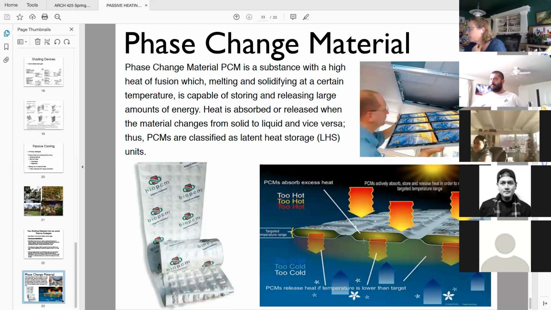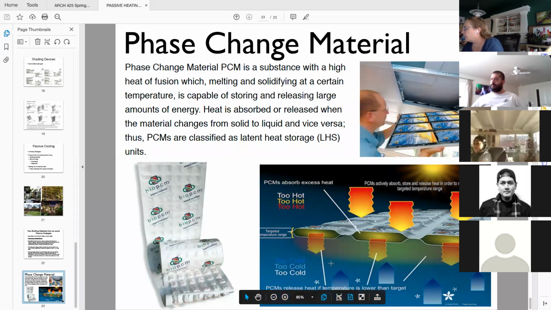So what it does, in a ceiling or a roof structure, is absorb heat and melt, but not let that heat come through the space. And then at nighttime, when it's cold outside and the heat is being sucked out of your building from night sky cooling, all that heat is going to go back out to the exterior.